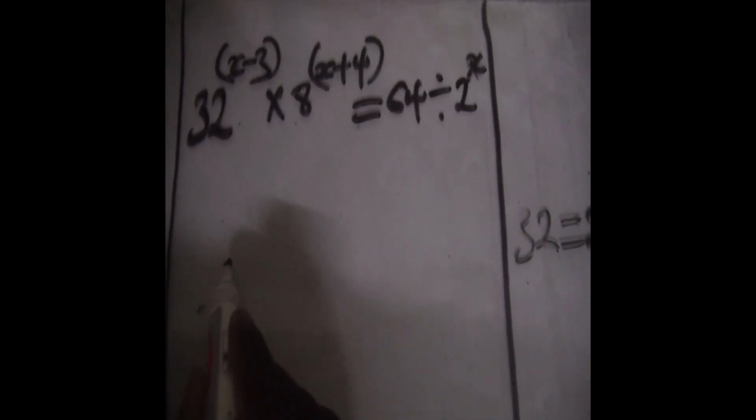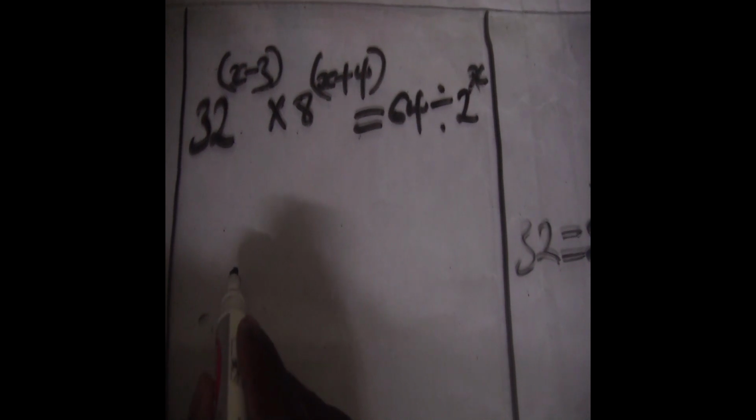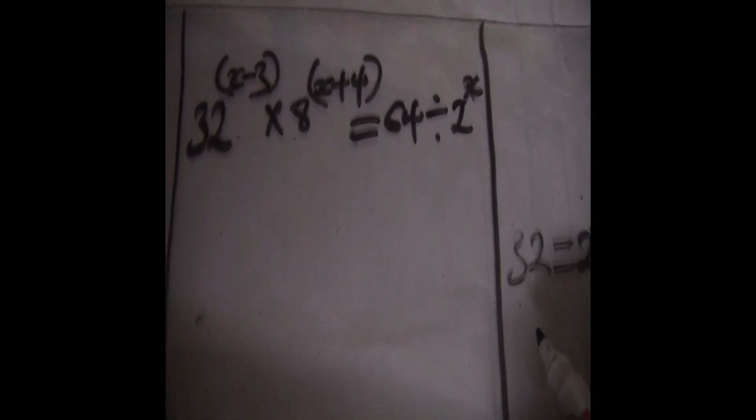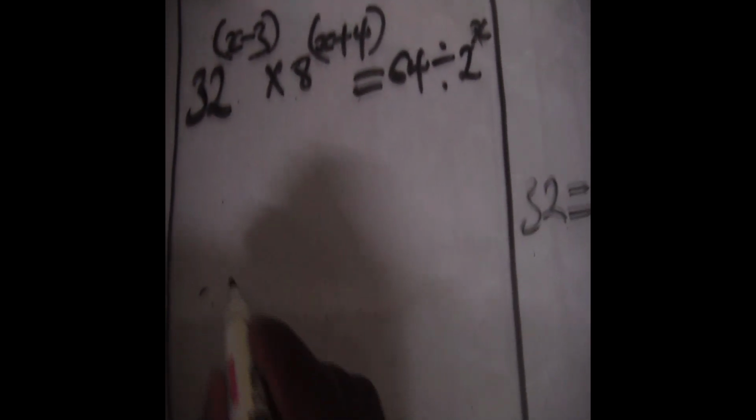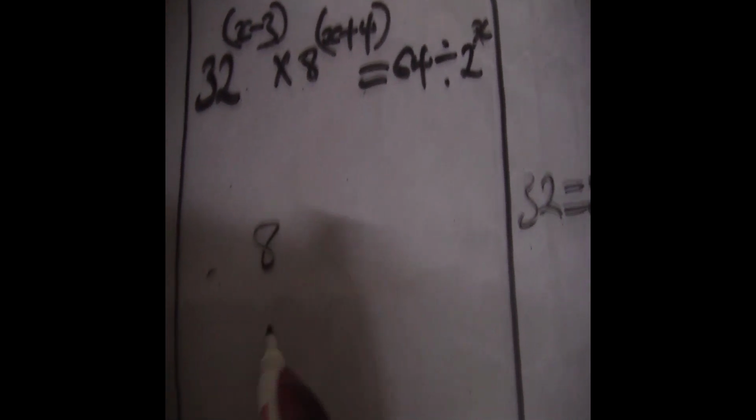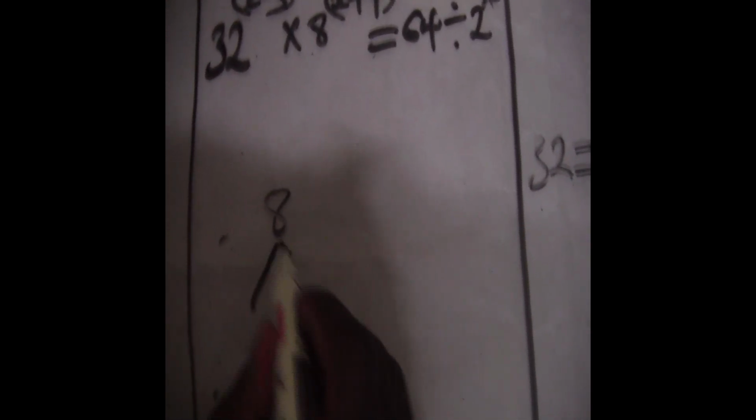And then you move back to 8. Moving back to our question, you have 8 into factor 2.